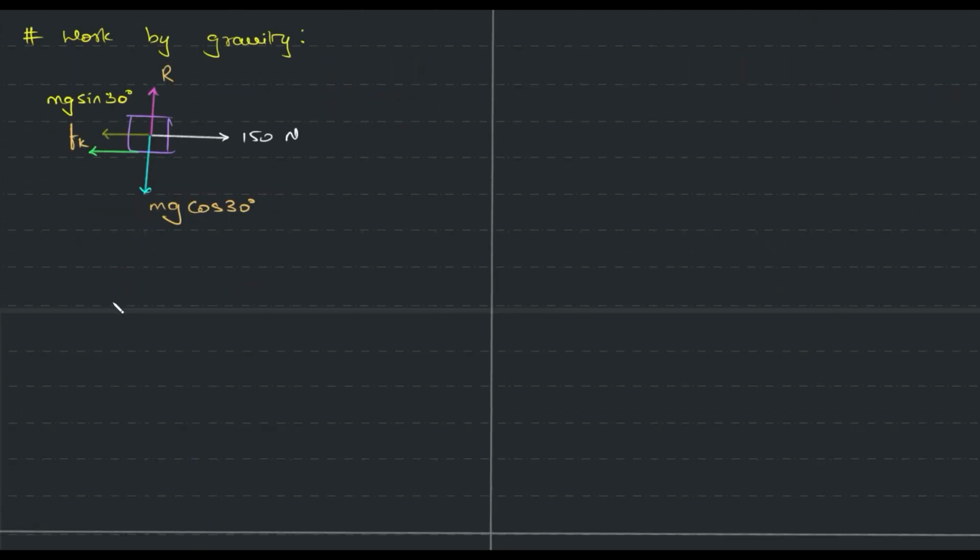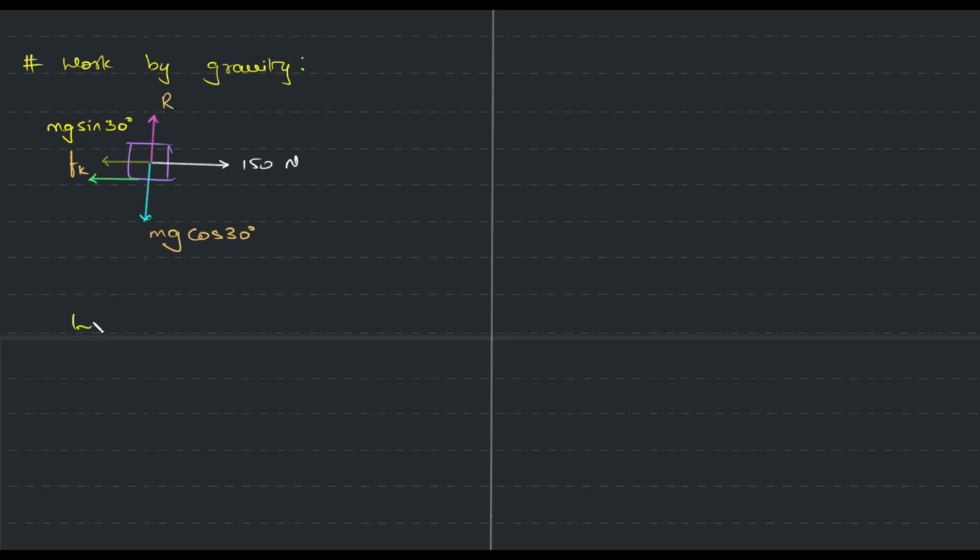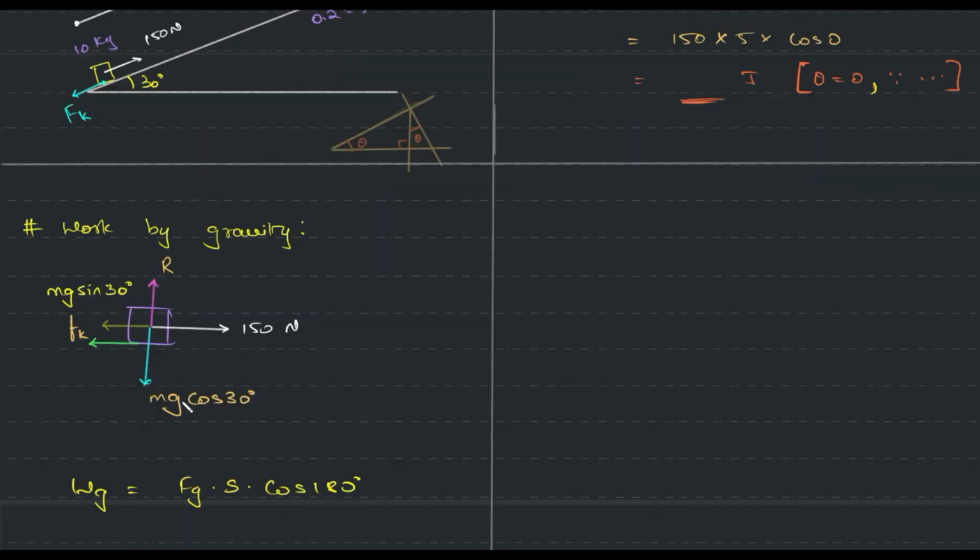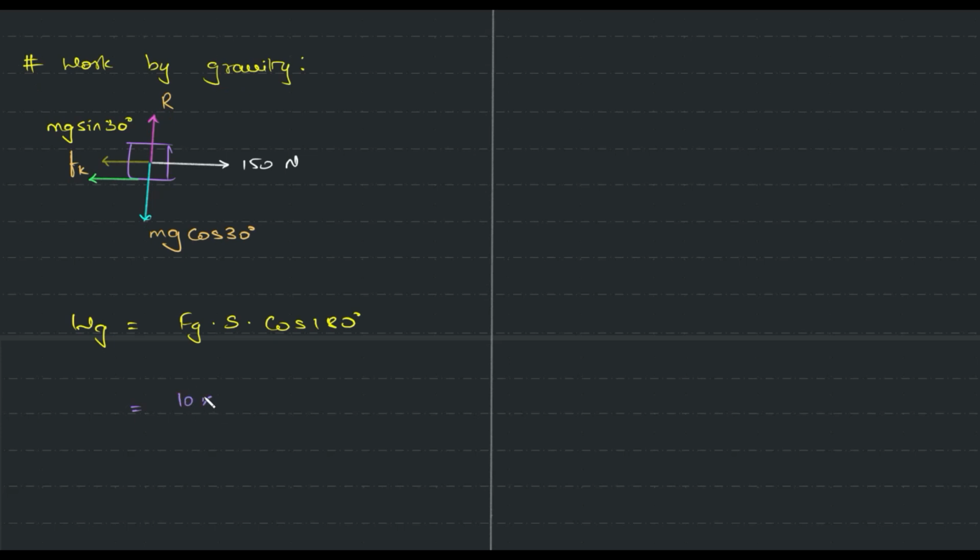Okay, so work by gravity is equal to force by gravity times displacement times cos of 180 degrees. So m is how much, guys? It is 10 kg. It got displaced by 5 meters, and this is minus 1.